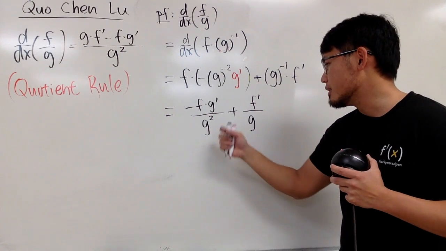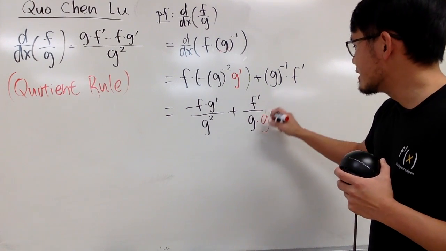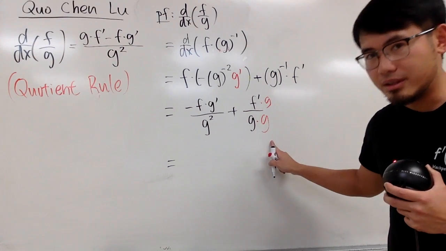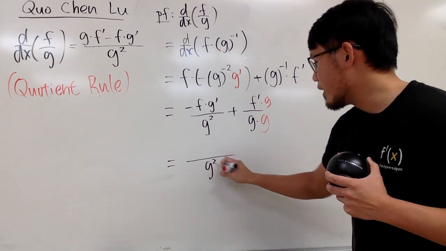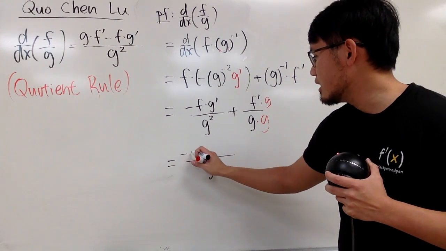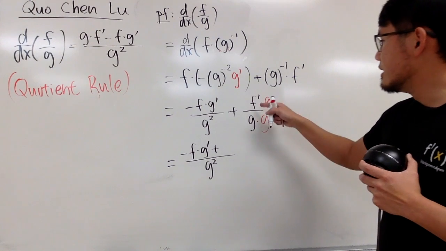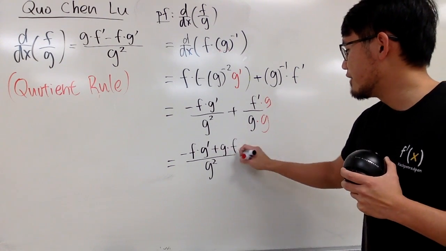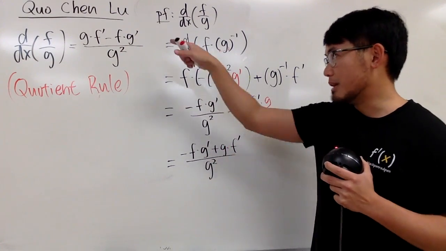And now, as you can see, this is g squared, this is just g to the first power. So I can just multiply this by g over g. So you see, they will have the same denominator, and you just get g squared. This right here is negative f times g prime, and we add this right here. If you would like, you can put down g times f prime first. Well, on the top, we can just change the order, so you match that.